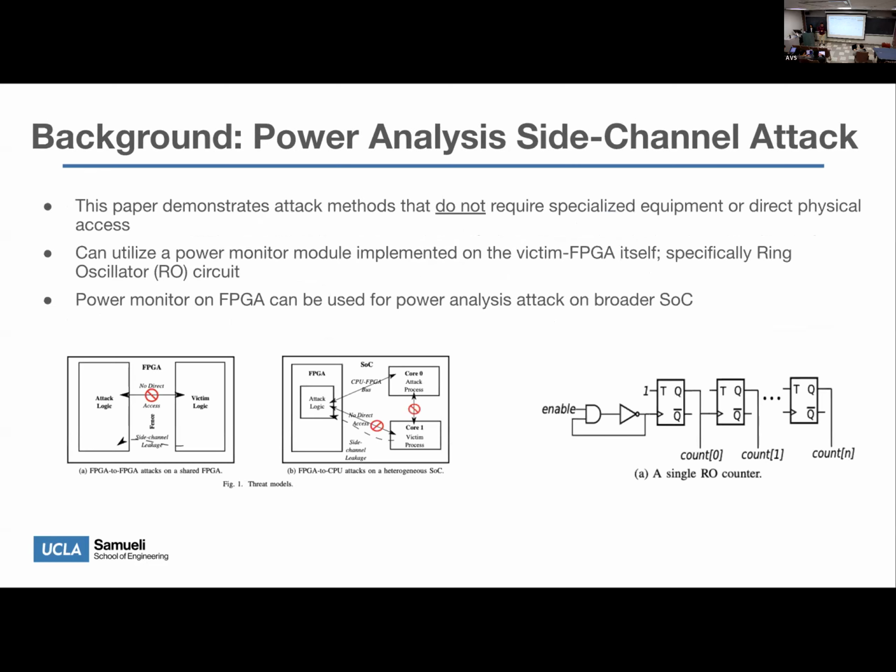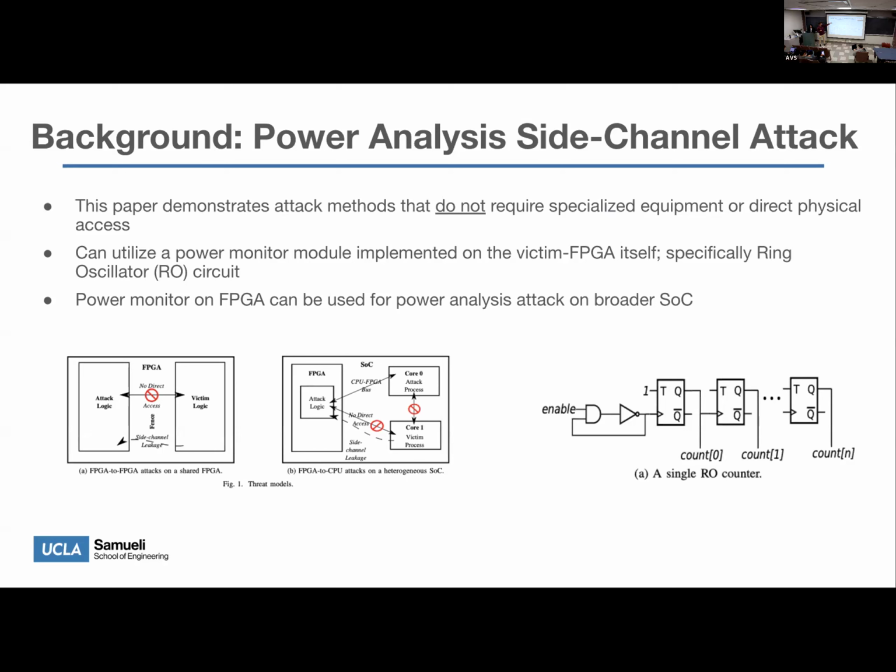And I just wanted to provide some further power analysis attack background, more related to what this paper demonstrates. As I mentioned in the last slide, this paper demonstrates power analysis attack methods that don't actually require specialized equipment or proximity or physical access to the victim system. The way they do this is by utilizing an on-FPGA power monitoring module.